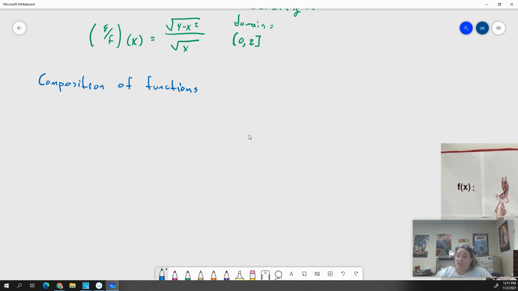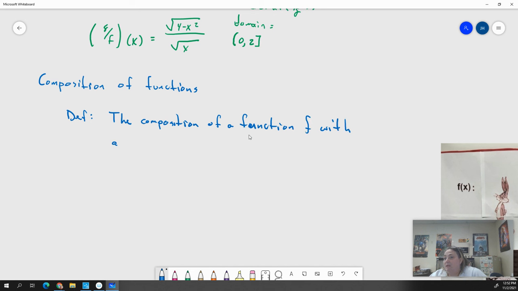Now, by definition, the composition of a function f with a function g is this.